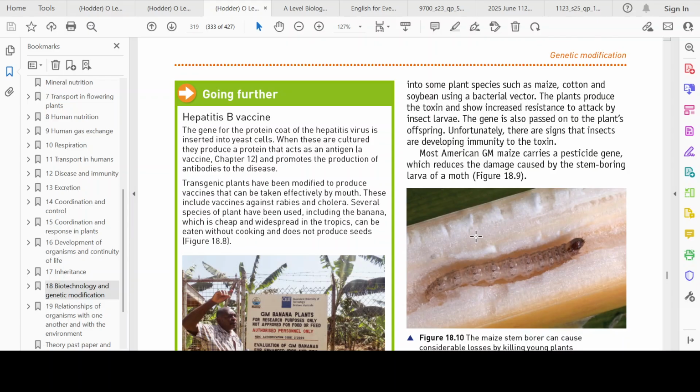And so what they've done is that they've incorporated that toxin gene into the plant, and so it's naturally producing that toxin that will kill these pests. So when the pest comes in, it starts eating the plant, the toxin is in the plant, and they'll die. And the gene is also passed on to the plant's offspring. Unfortunately, there are signs that insects are developing immunity to the toxin.